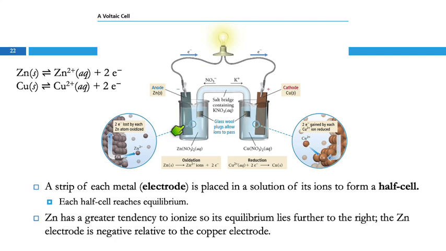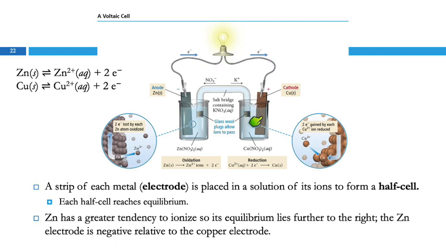So as the zinc atoms are losing electrons, they're going to form zinc ions, which are just going to float around in the solution. And the electrons are going to go through this wire, through the light bulb, over here.